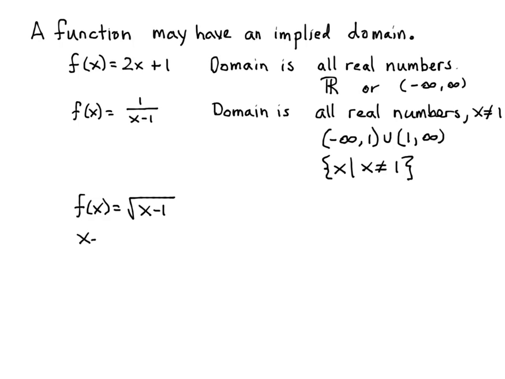I know that x minus 1 has to be greater than or equal to 0, because the square root tells me I can only take the square root of a positive number or 0, so whatever expression I have in there has to be greater than or equal to 0. Let's solve for x then, and this is a simple solution: x is greater than or equal to 1. That pretty much describes our domain.